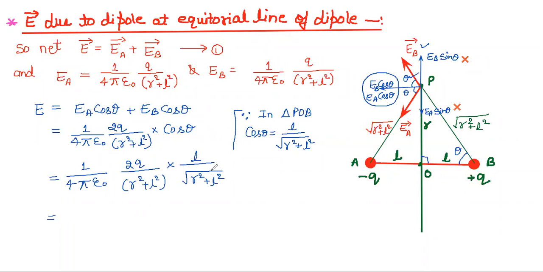Now you can see under root means half power and this means 1 power, and they have the same base, so the powers will add up. So we will get 1 upon 4 pi epsilon naught, 2QL upon R square plus L square to the power 1 plus 1 by 2, which will be 3 by 2.